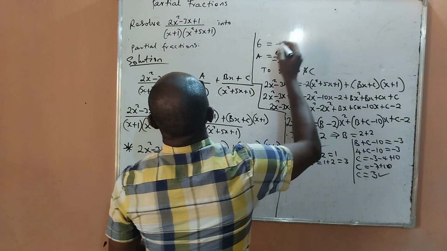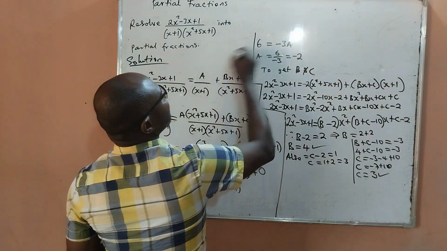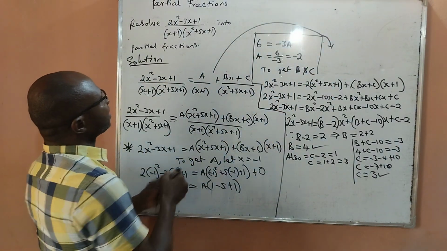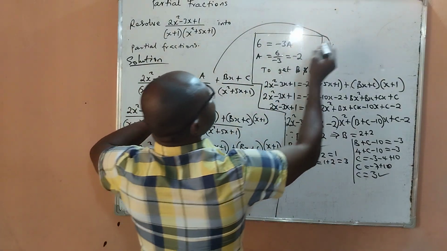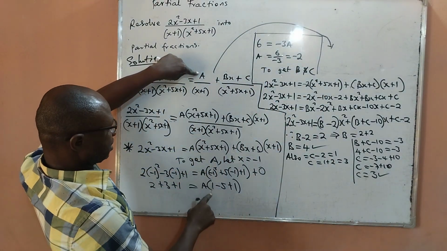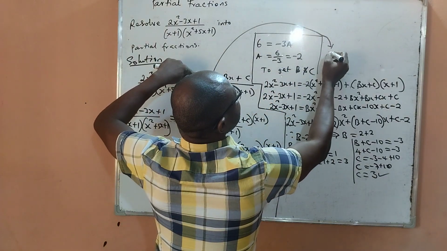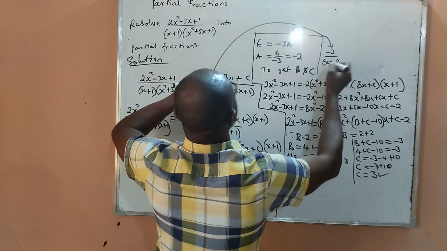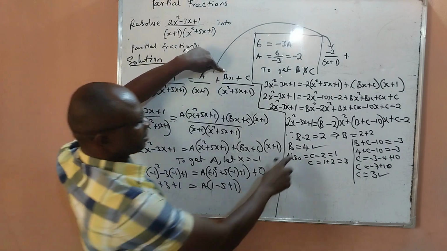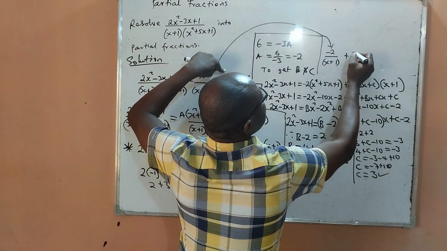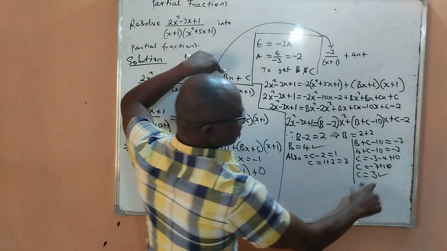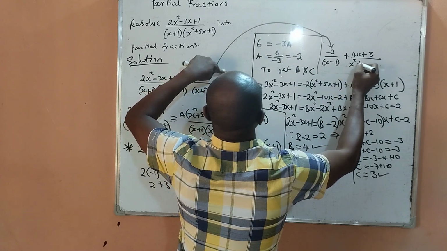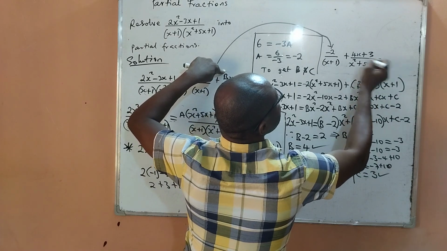In conclusion, the partial fraction that we are expected to get is now going to be, from here, the value of a, which is minus 2, so I can write it as minus 2 all over x plus 1, then plus b, and b is 4, so I write it as 4x plus c, which is 3, all over x squared plus 5x plus 1.